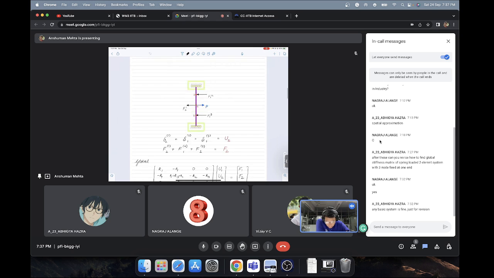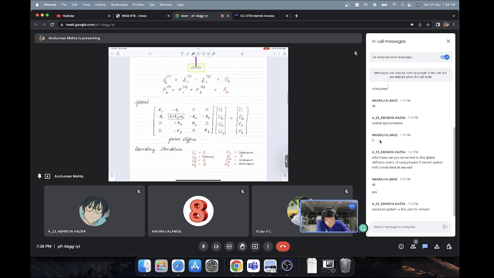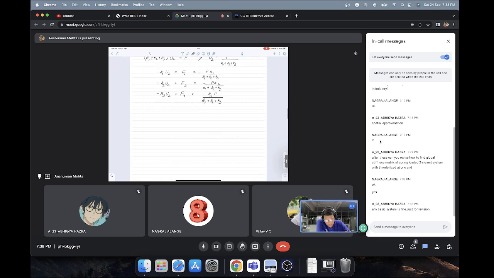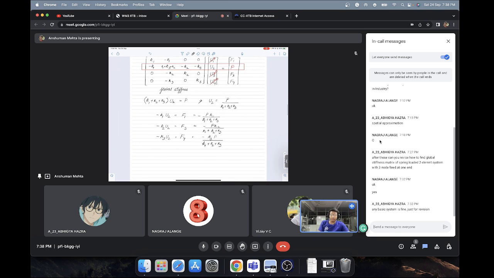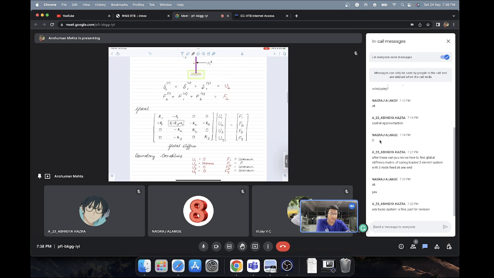At the common points there is a summation of the stiffnesses. This is the second point: first, second, third, fourth. This is how you can find the global matrices.